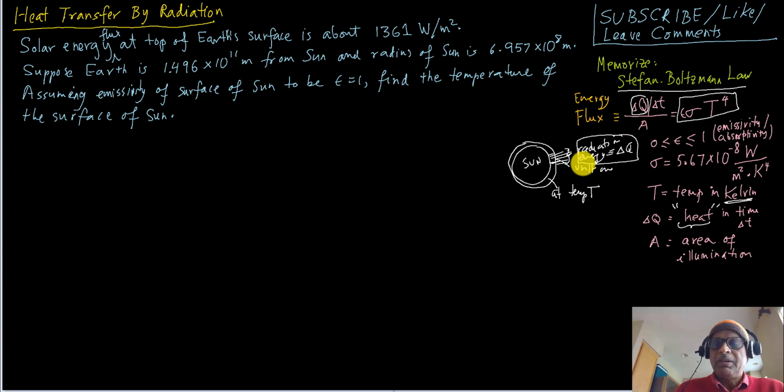Okay, so say this was the sun, so this is the radius of the sun. So we're looking at what's coming out. This area will be 4 pi r squared. So this area is 4 pi radius of the sun squared.